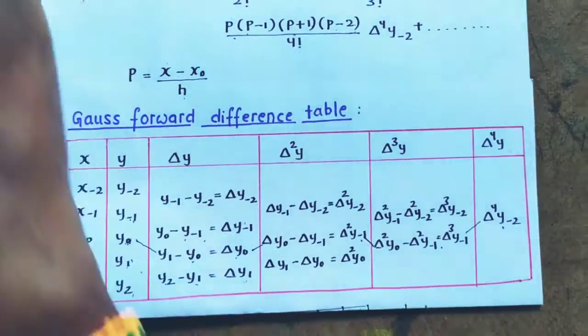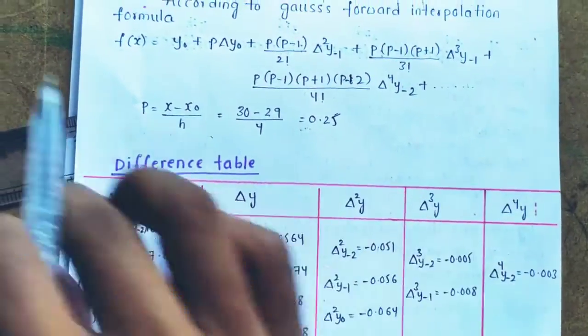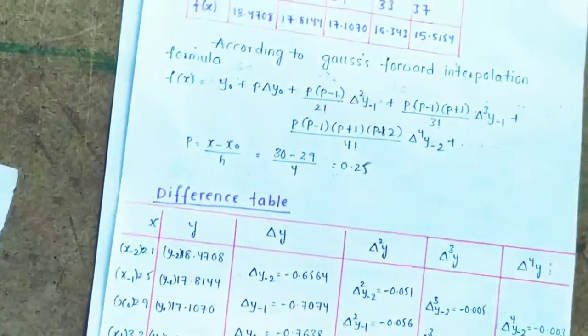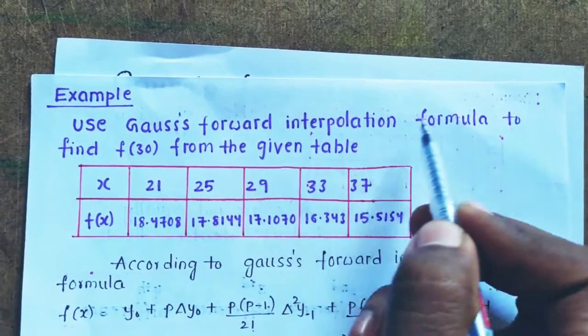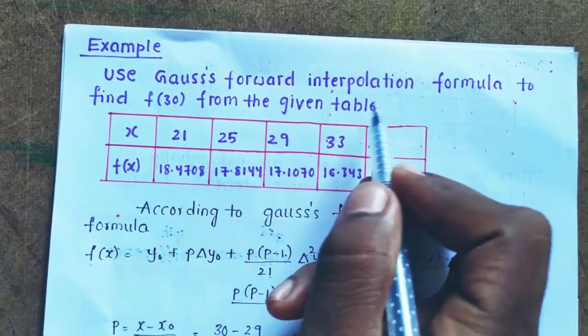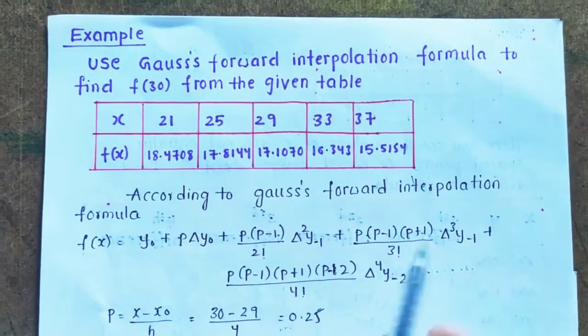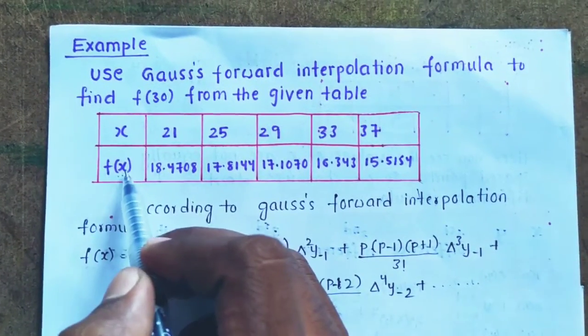Here let's see a small example related to this Gauss forward interpolation method. In this example, use the Gauss forward interpolation formula to find f of 30 from the given table. The table of x and f of x values is given. F of x is nothing but y.